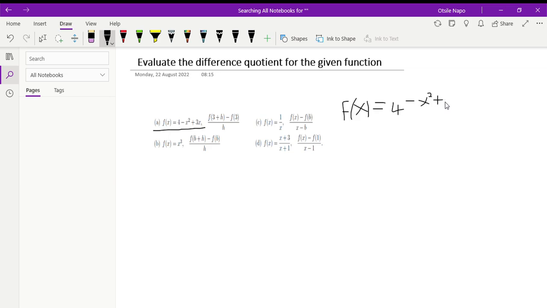What we need is a function for f of 3 plus h. So now we are trying to find f of 3 plus h.